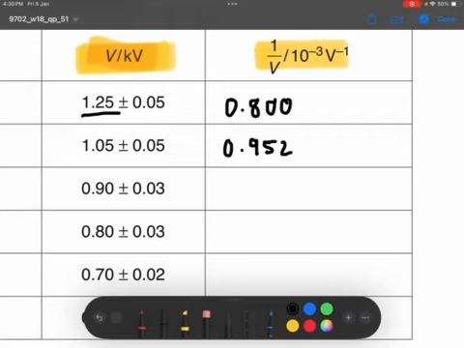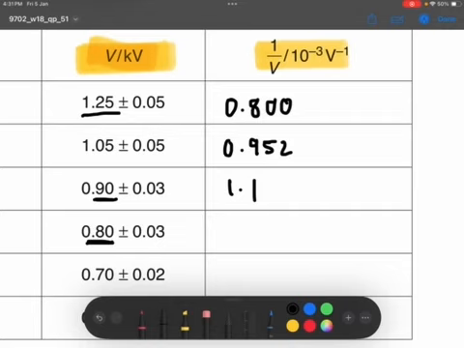But since 0.90 is to 2 significant figures, we can just leave our answer as 1.1. Okay, 1 divided by 0.8 again gives us 1.25. Since 0.80 is to 2 significant figures, we are allowed to leave our answer to 2, or plus 1.